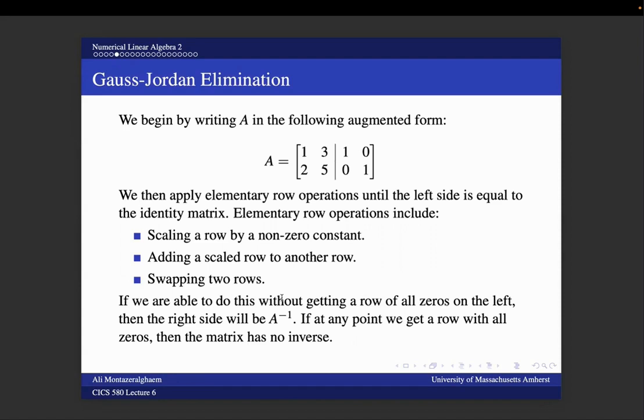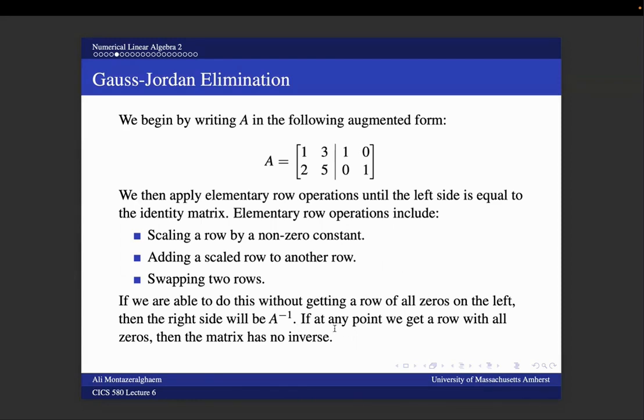If we can do these operations without getting a row of all zeros on the left, then the right side will be the inverse of the matrix.